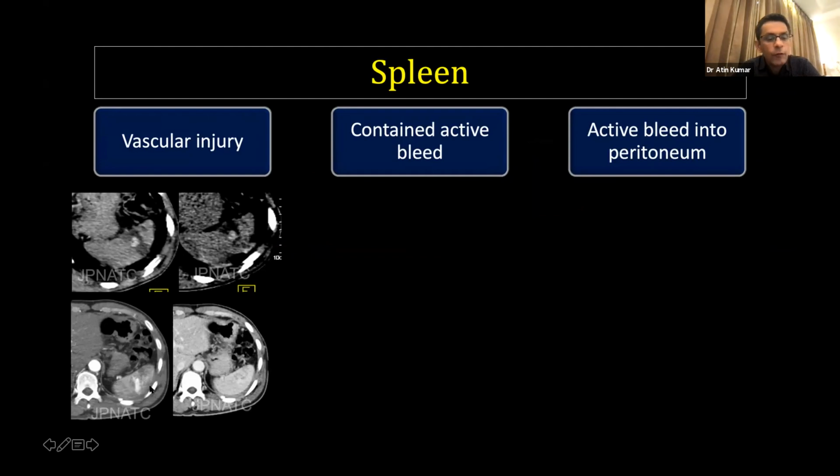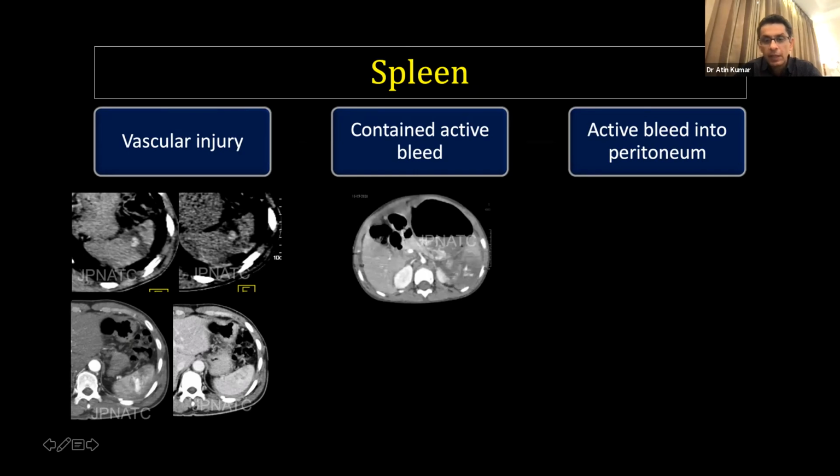So there is a role for doing a dual phase CT in a suspected splenic injury and taking a good arterial phase. However, the parenchymal injuries are best visualized on a venous phase. As we all know, the heterogeneous enhancement of spleen on the arterial phase makes it difficult for us to recognize the true parenchymal injuries. Vascular injuries on the arterial phase, parenchymal injuries on the venous phase.